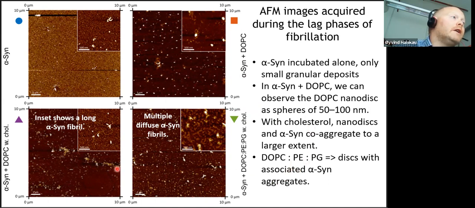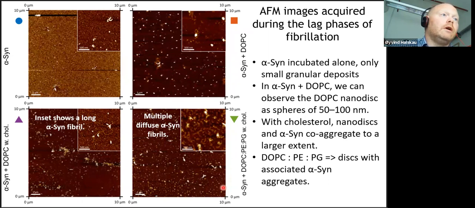Then if we add cholesterol and look at this again, we see a completely different picture, a lot more aggregation overall. And in the inset here, we see a quite long fibril. So that was generally in line with what we had observed in the previous aggregation experiments.